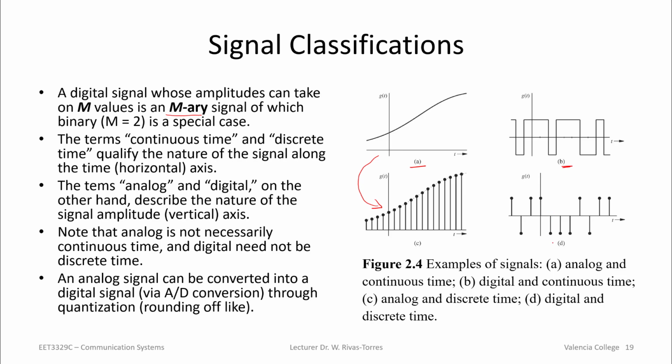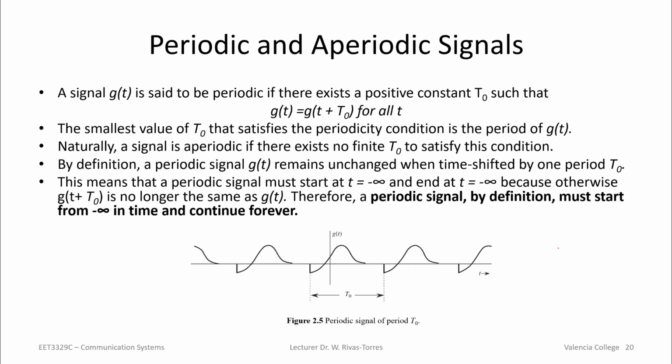And then the final signal, D here, is a discrete digital signal. In our case, this is a binary signal, right? It can take only one of two values. And we did talk about signals with different levels, and how if you have 16 levels, how to calculate how many bits that takes. We did that in lecture 1.